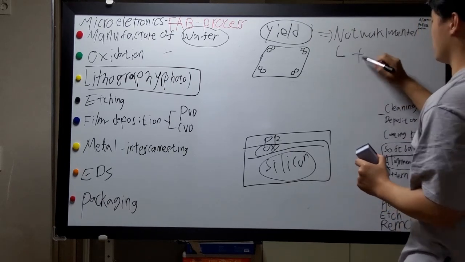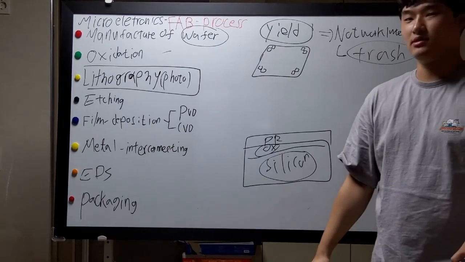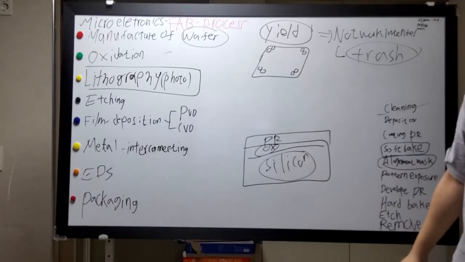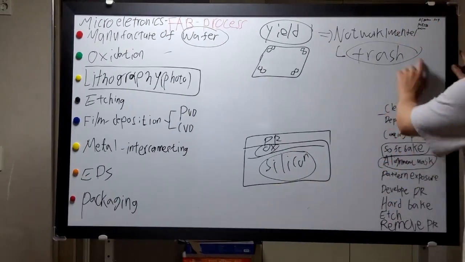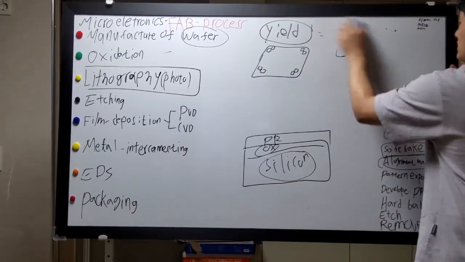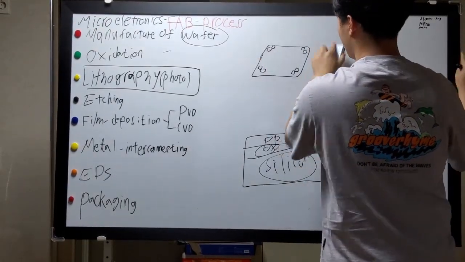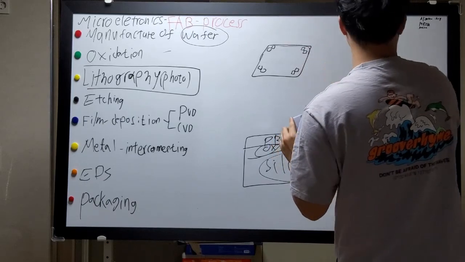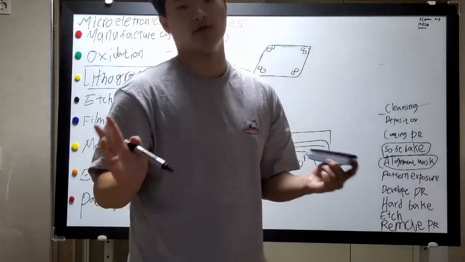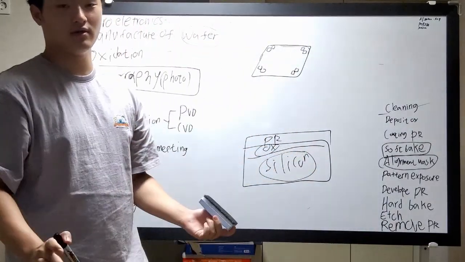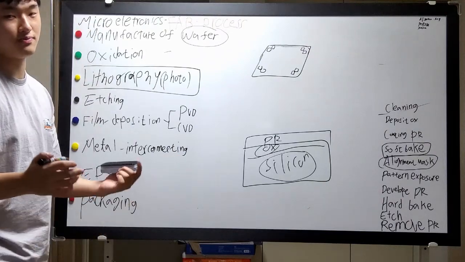It means trash, just some silicon material that is not working and is worthless. So alignment is very important when you make repetitive patterns. The alignment key is very important when you are repeatedly fabricating microelectronics or semiconductor patterns.